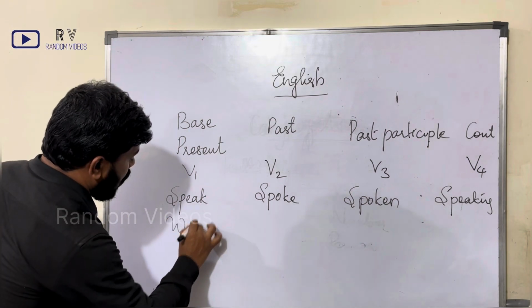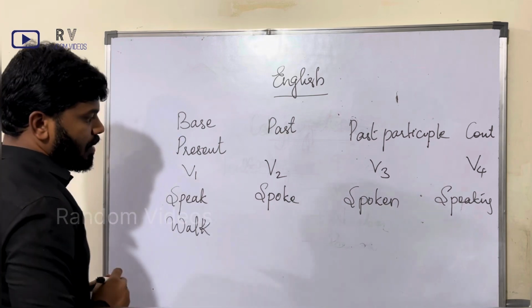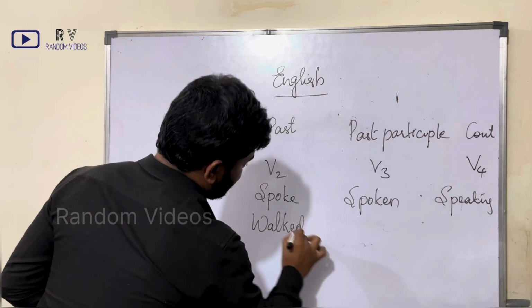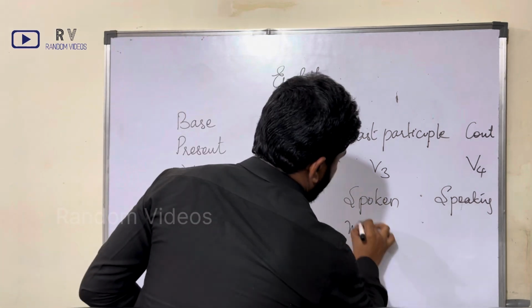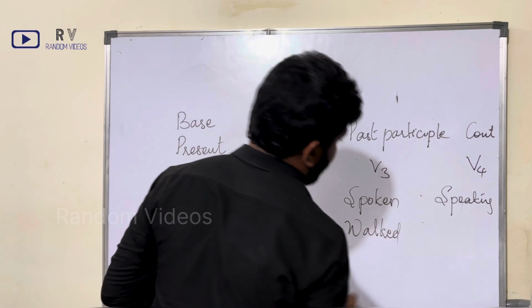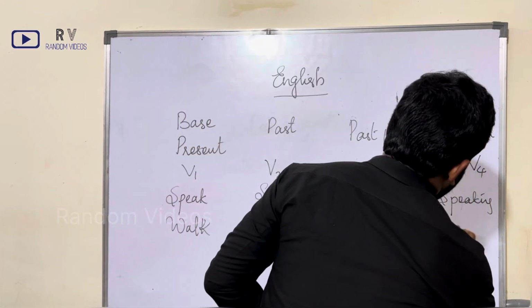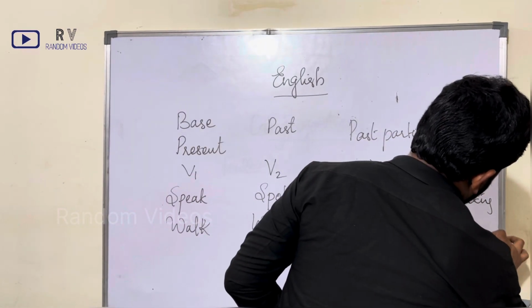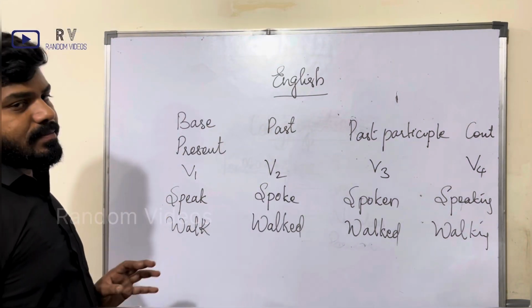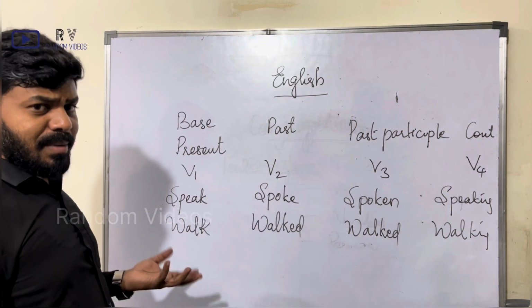Let me take another verb. Let's say walk. Past form, walked. Again, participle form is walked. And continuous form is walking. Try to observe these 2 verbs, and let me give you one more word.